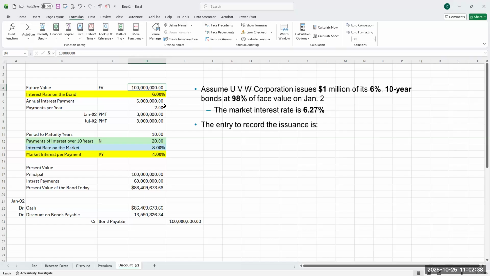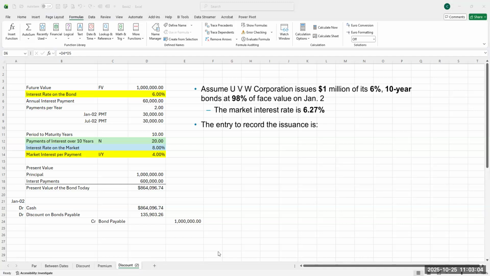So the future value here is $1 million. We have to change that one. Interest rate is 6%, we're not going to change it. Annual interest rate, we're going to pay. It doesn't say how many times we have to pay this interest, so let me check the slides to see what they say on the payments.